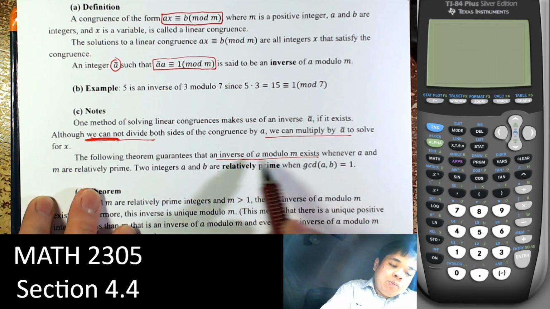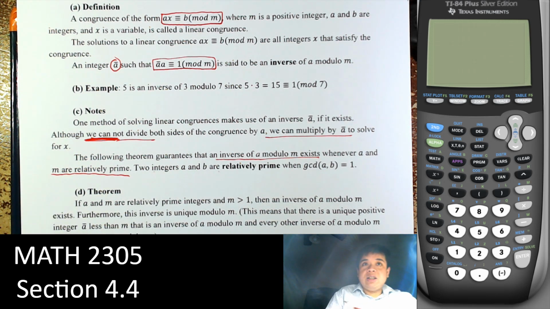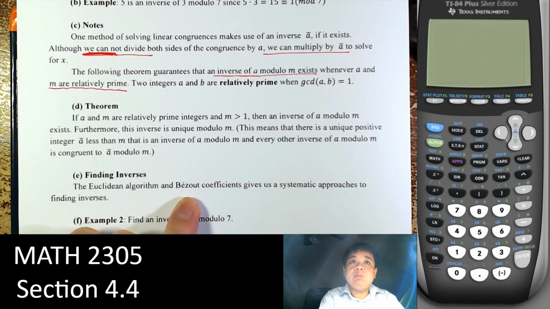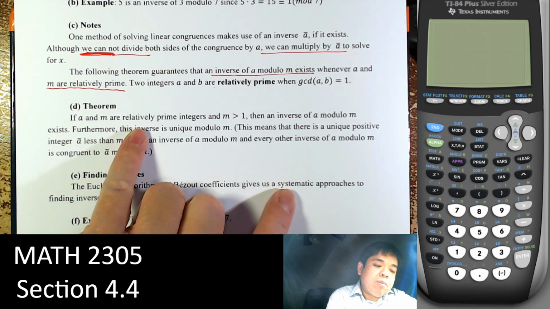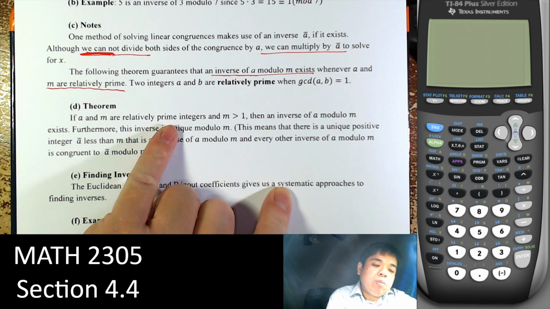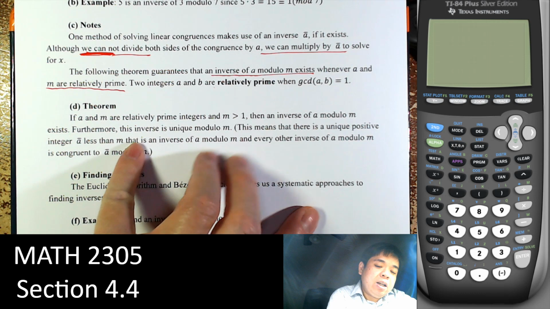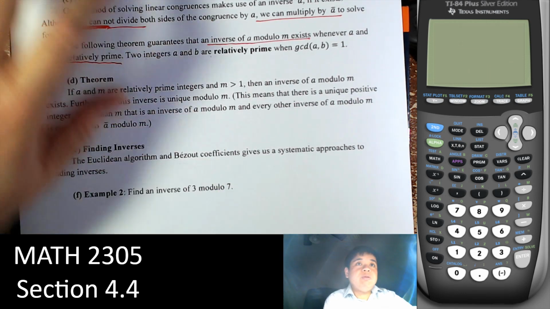If m and a are relatively prime, then the inverse exists, and we use the Bezout coefficient to determine the inverse. Furthermore, if a and m are relatively prime integers with m greater than 1, then the inverse of a modulo m exists.